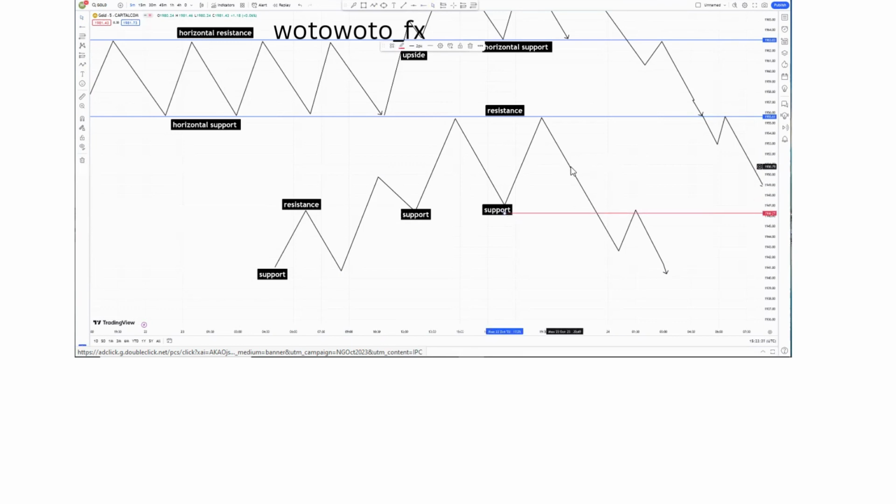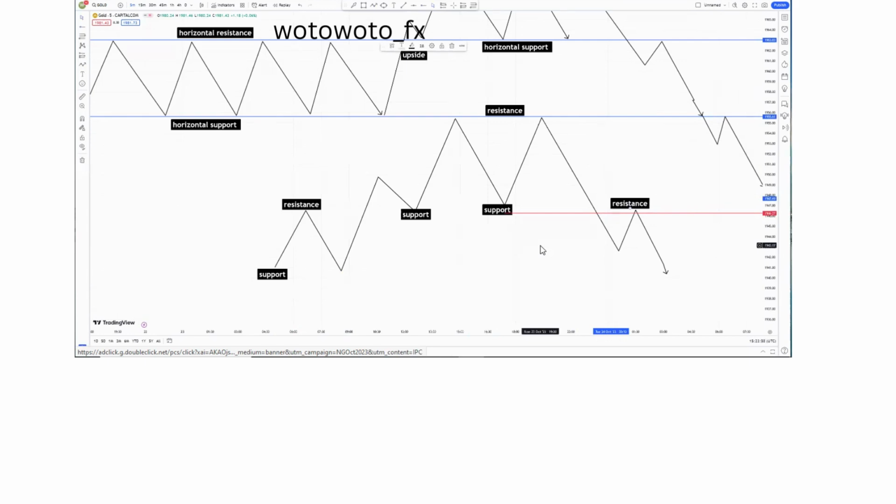So when price came and broke this level, it came up and is now testing here as a new resistance. A new resistance level. Are you seeing it? A new resistance level.